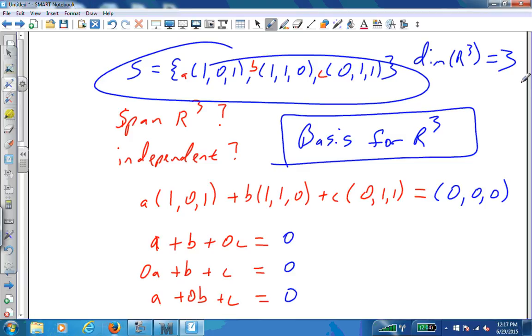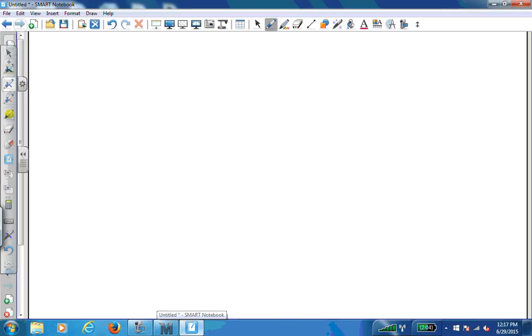So whether it's a polynomial, a matrix, or a vector, if we're wanting to check to see if something is a basis, does it meet these two criteria? If we're given a set and we want to know, is it possible that it's a basis, then we need to think about dimension.